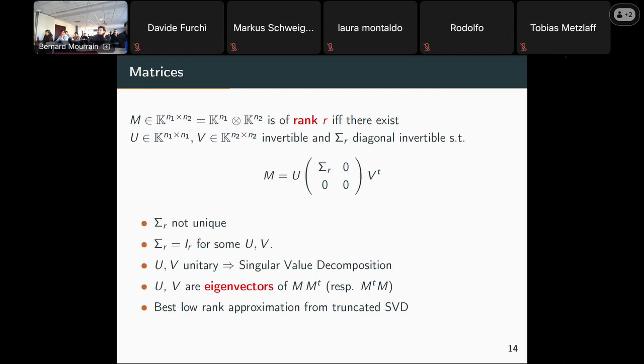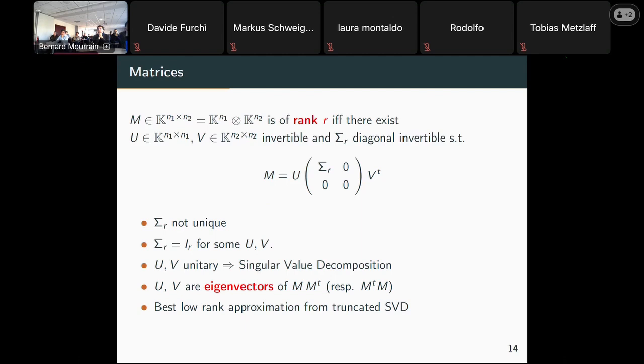When you use SVD, you get a way to compute the best low rank approximation of the matrix. Usually when you have a full matrix, you will have a full diagonal here. But if you truncate and put some zeros there, you will get the best rank R approximation.